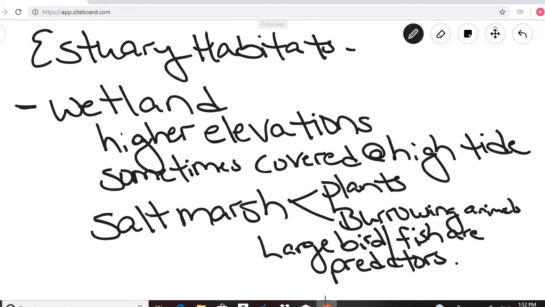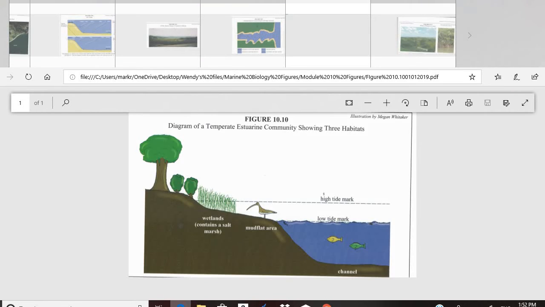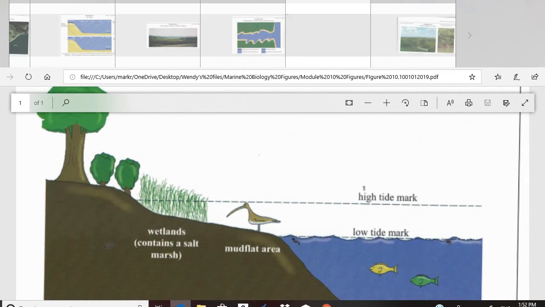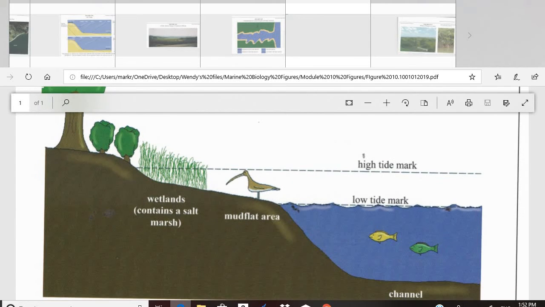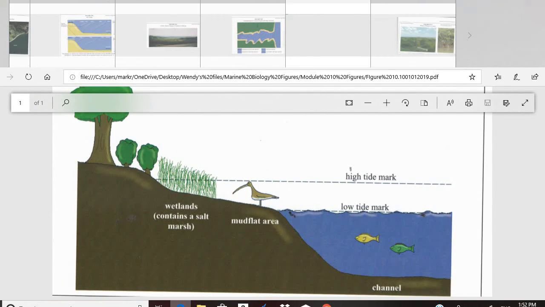Well, yeah, this is a good picture because it shows the wetland here.